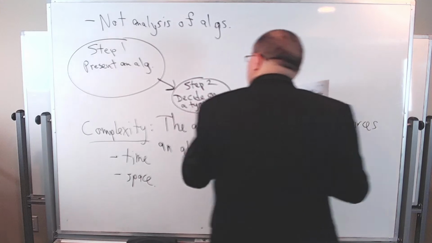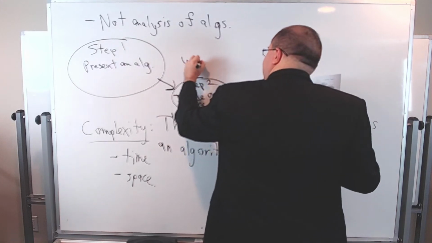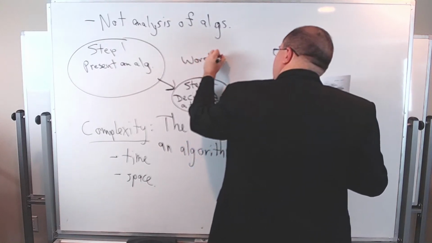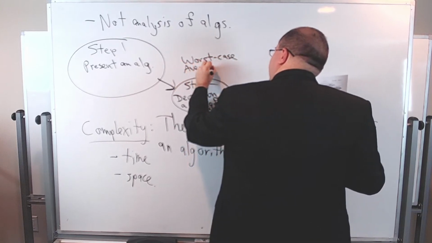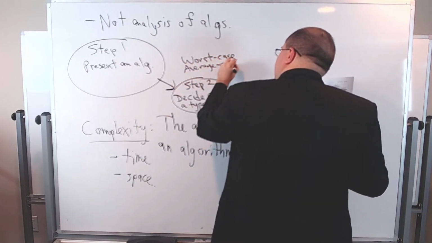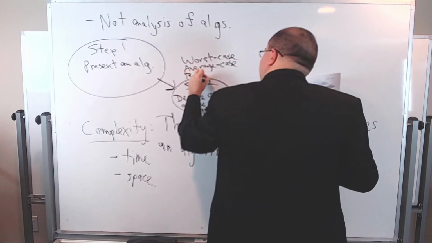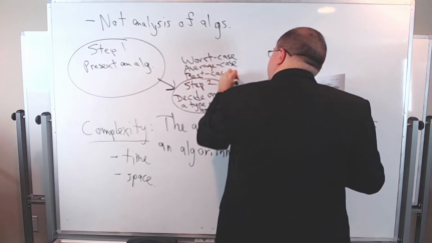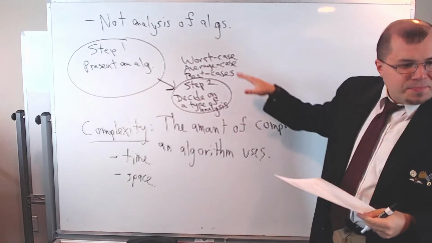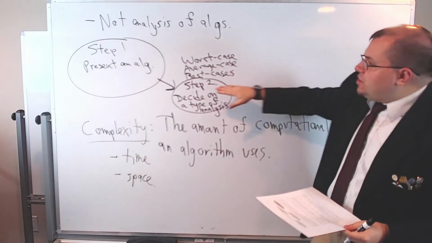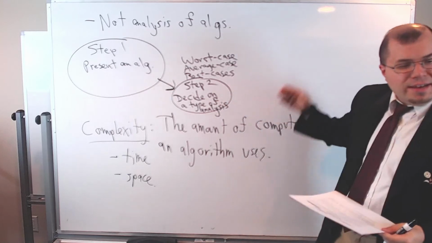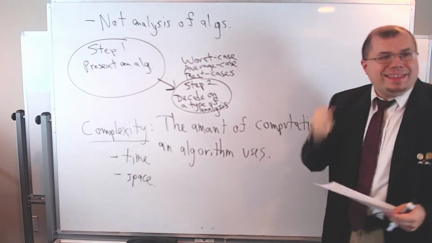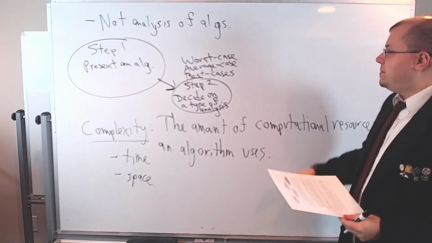You might know this as, say, worst case, or perhaps there's another case called average case, and there are other things like best case. There are other kinds of analyses out there, like amortized. The point is that you give me some algorithm, I'm going to decide on a type of analysis, and this analysis is dictated by what I think is interesting about the algorithm.